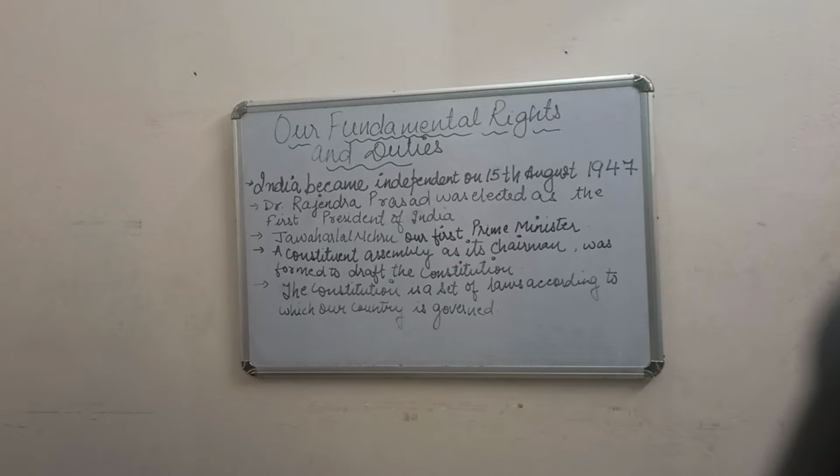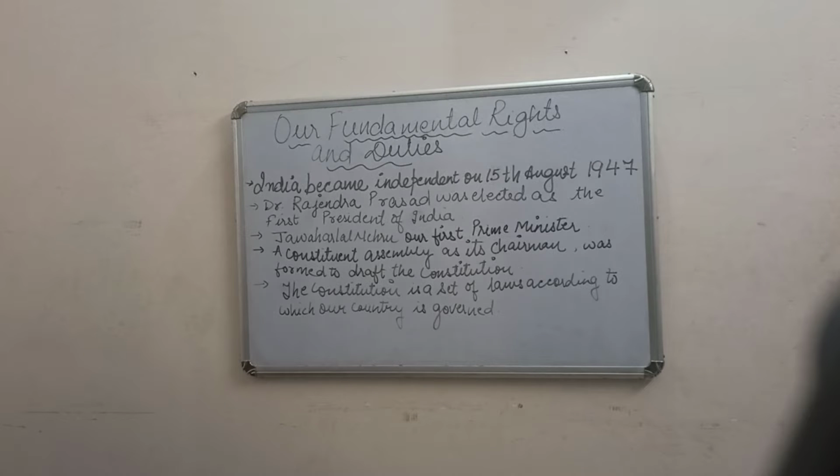In the same way, when we want some rights, any kind of rights, on the other hand, we should also remember our duties. So when we talk about this chapter, fundamental rights and duties, it starts with how this thing has come.